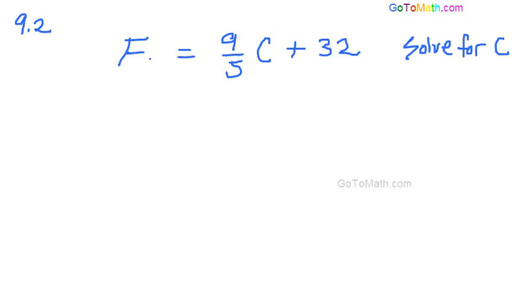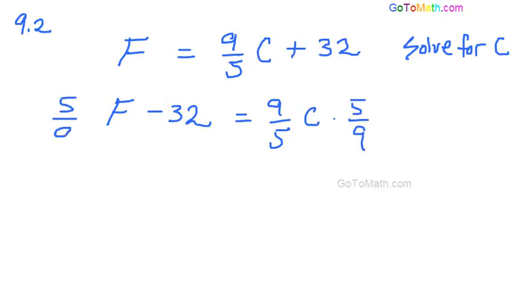That means let's take that 32 over to the other side. F minus 32. In some previous problems, we would get rid of this 5 by multiplying 5 all the way across. Remember that, but let's just do this. Now we multiply 5/9 to both sides.